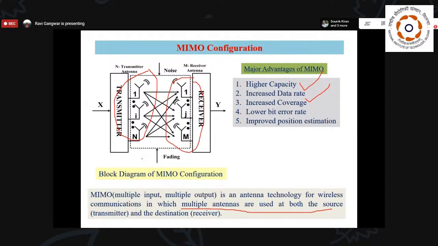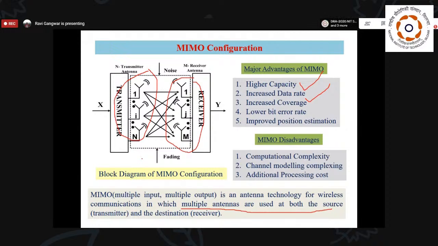But when we have some advantages, the system also has some disadvantages. The major disadvantage is the computational complexity. In the case of single input, single output, we have one antenna at the transmitter side and one antenna at the receiver side, so we receive the signal and that signal is processed. But now if you see this particular condition, for example, this is 1, 2, and 3, we can say we have a 3x3 system.